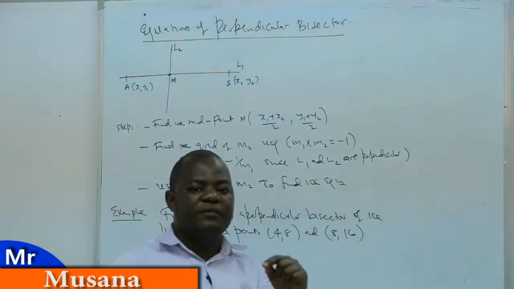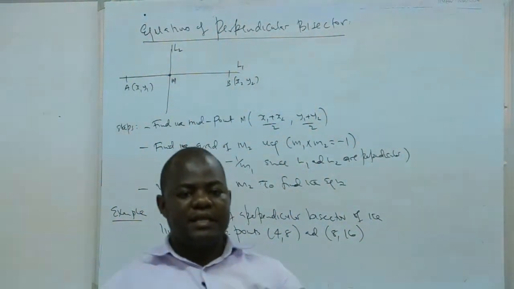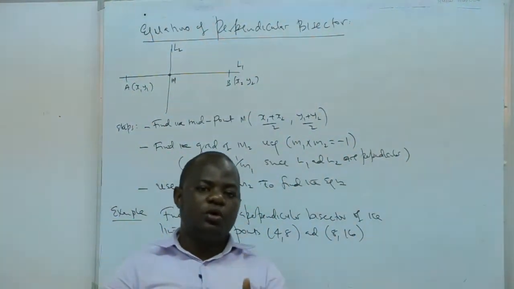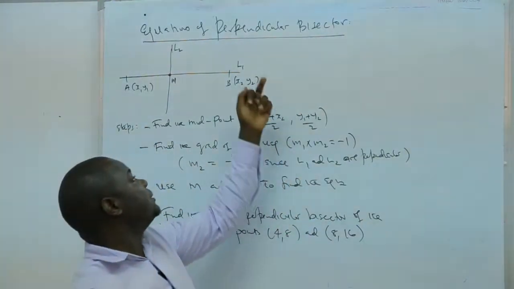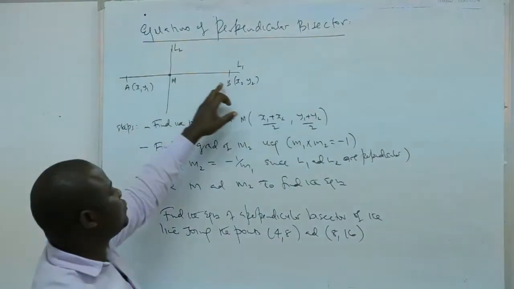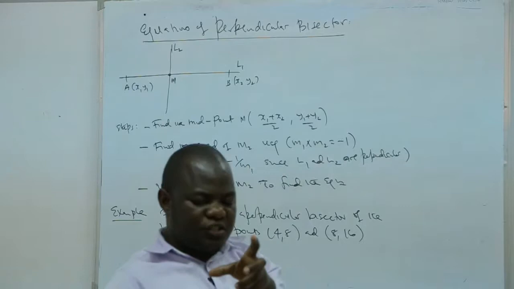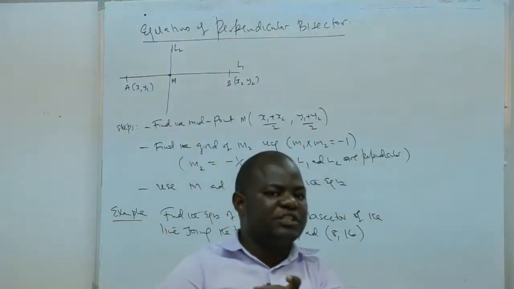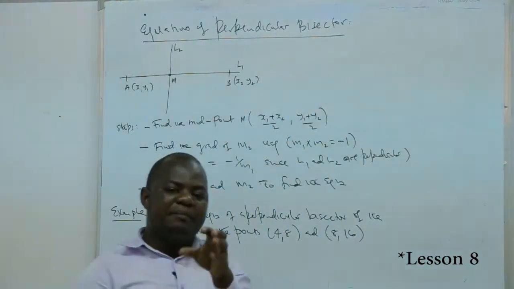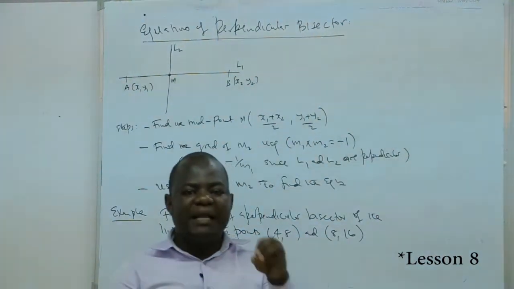What is a bisector? For those who know construction, a bisector is a line which divides another line into two equal parts. That's why we call it a perpendicular bisector. If this line passes through 2 points, then to get the equation of the perpendicular bisector, there is some uniqueness we are introducing here: the concept of the midpoint. Since it is a bisector, it must pass through the midpoint of the line. It divides the line into two equal parts, so it has to pass through the midpoint of the line.